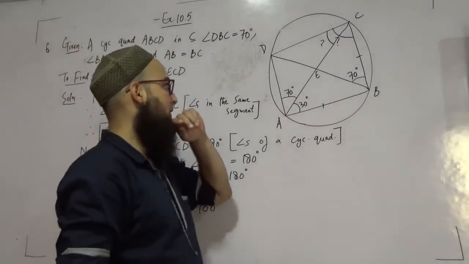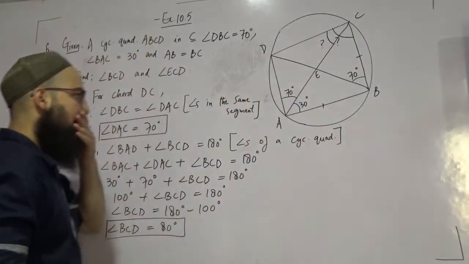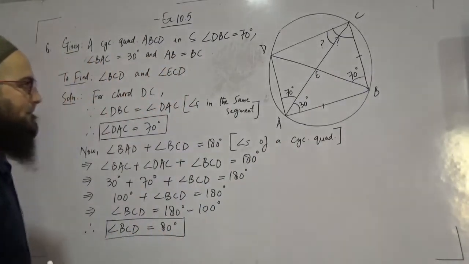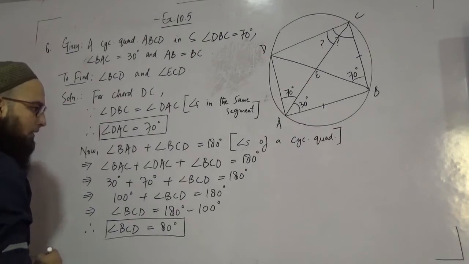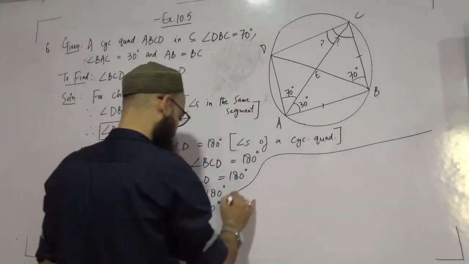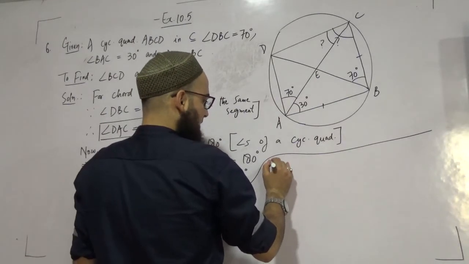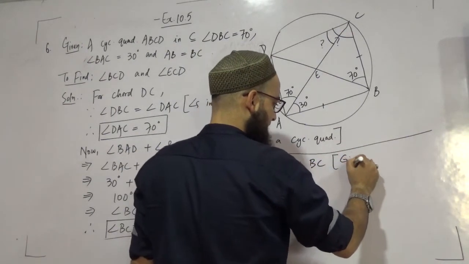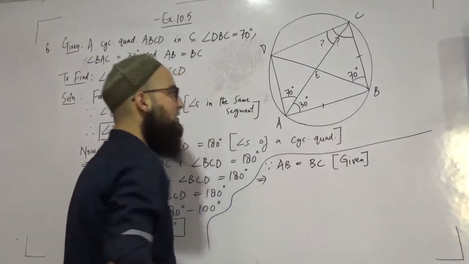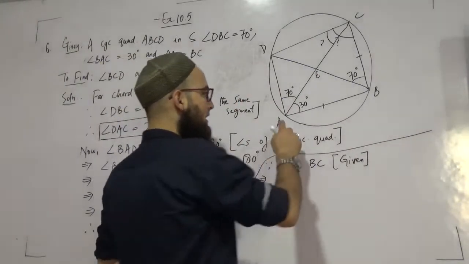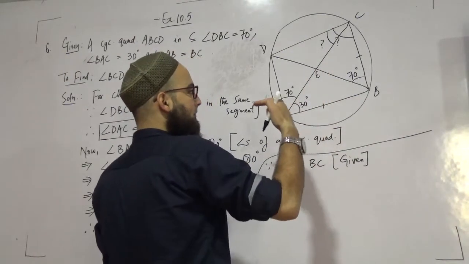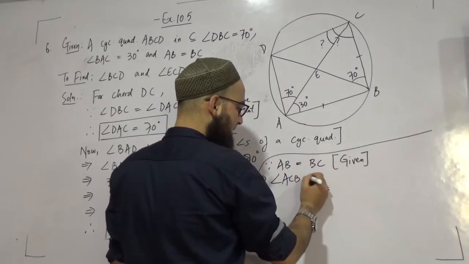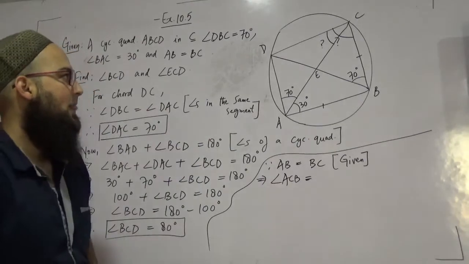Now you are required to find ECD. Since AB is equal to BC, it's given, which implies that in triangle ABC, angles opposite to equal sides are equal. Angle opposite to AB is angle ACB.